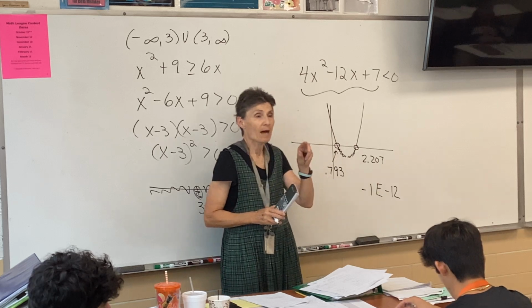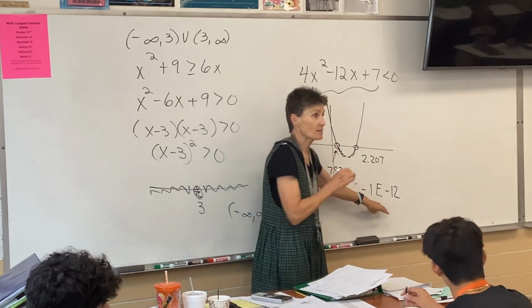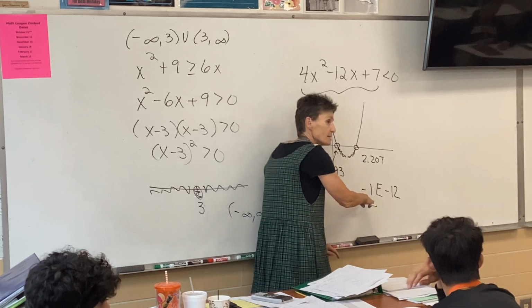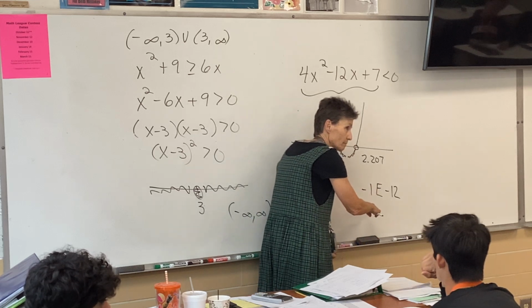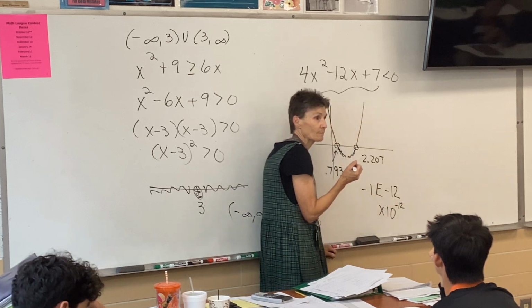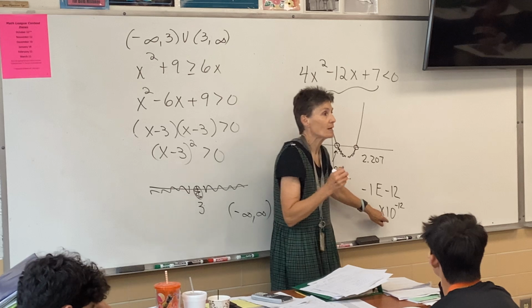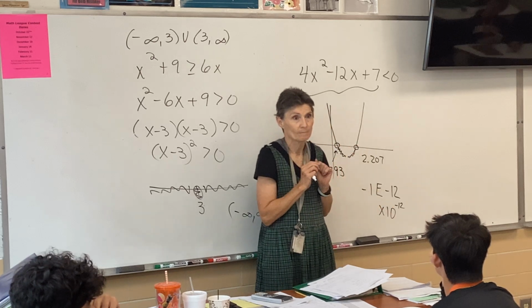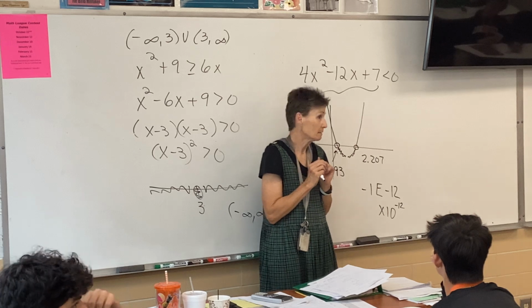Okay. Now, this is going to happen periodically. This is scientific notation times 10 to the negative 12. Tell me about a number that's times 10 to the negative 12. Big, little?